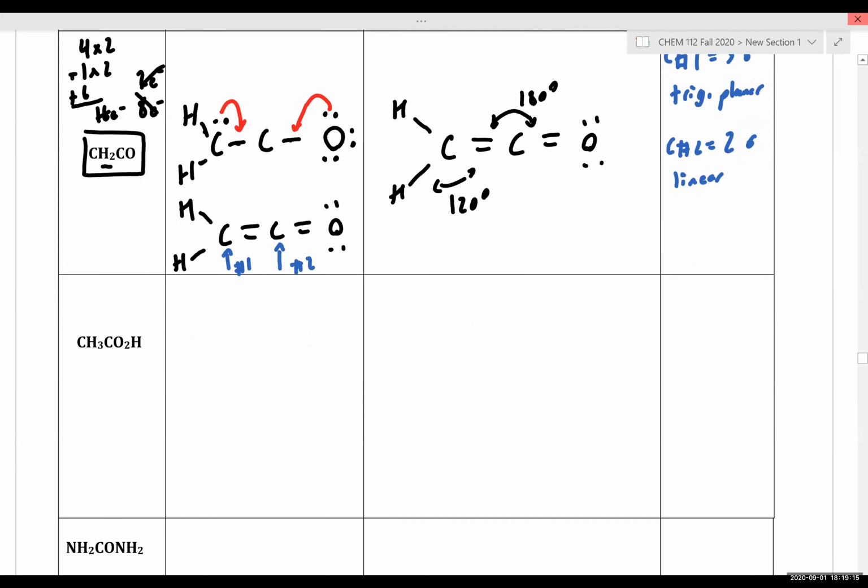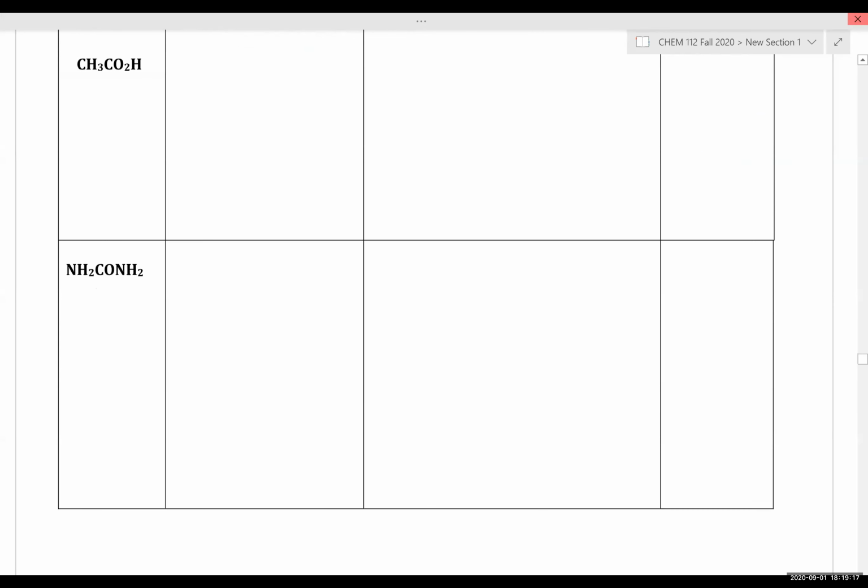So what I want everyone to do now is take a look at the following two molecules, and this will be our last exercise for today. I'd like you to assign the geometry for each of our central atoms in these structures.